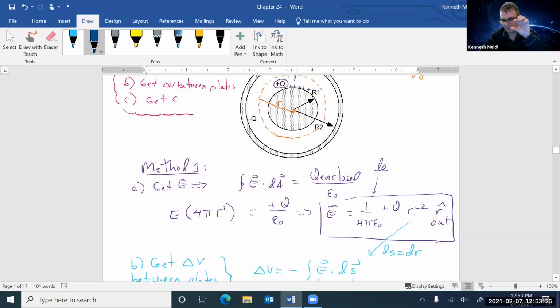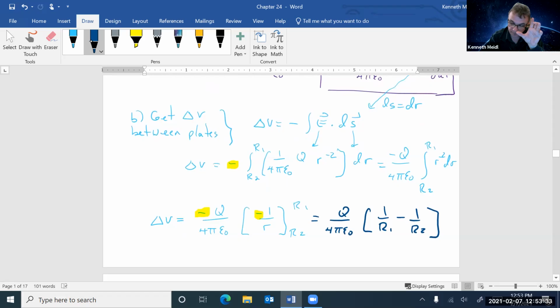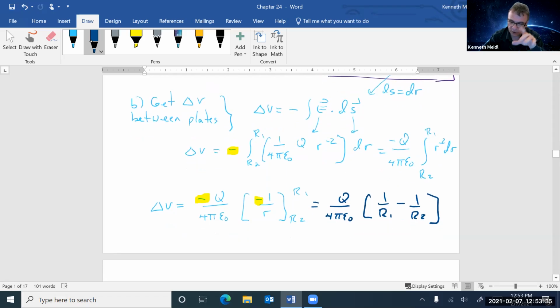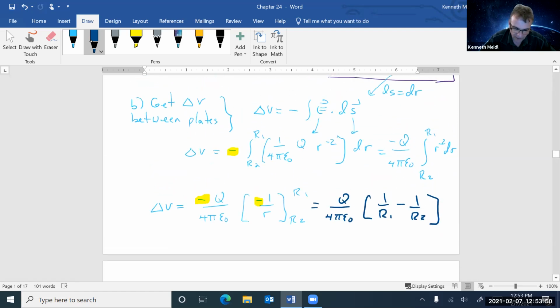Let's just imagine that R1 is, in arbitrary units, 2, and R2 is a bigger number like 5. If you have 1 over 2 minus 1 over 5, that comes out to be positive. So it looks like I guessed right on how I was going to do my limits of integration. If it came out negative, then I would just get rid of the minus sign anyway, and it would make no difference here.